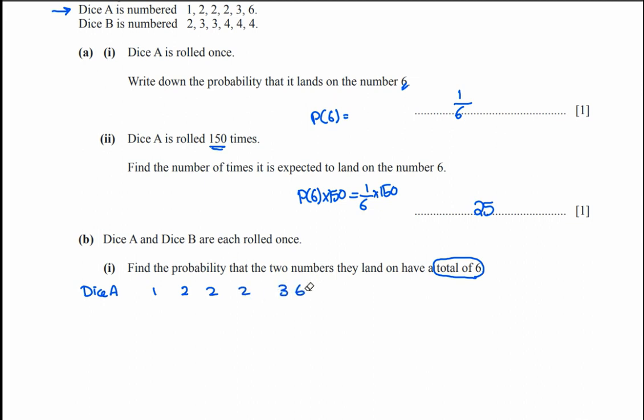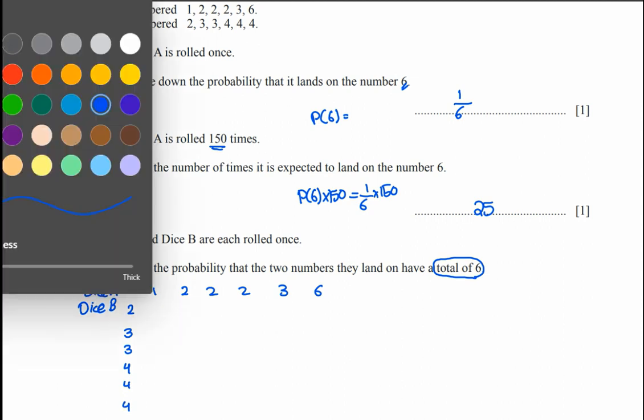And for dice B, I am going to write it vertically: 2, 3, 3, 3, 4, 4, 4.